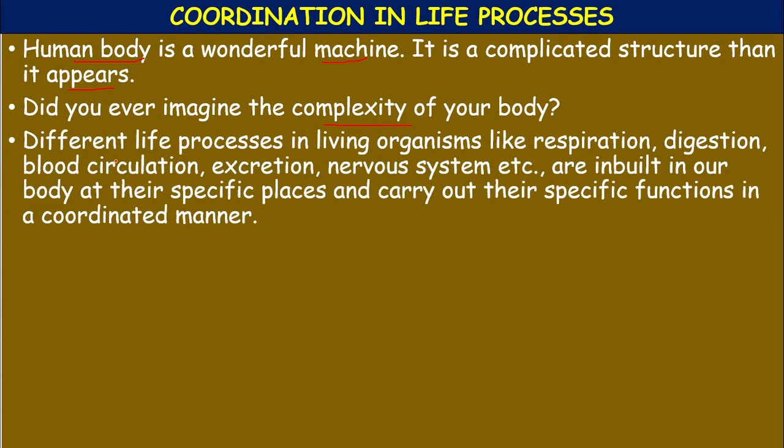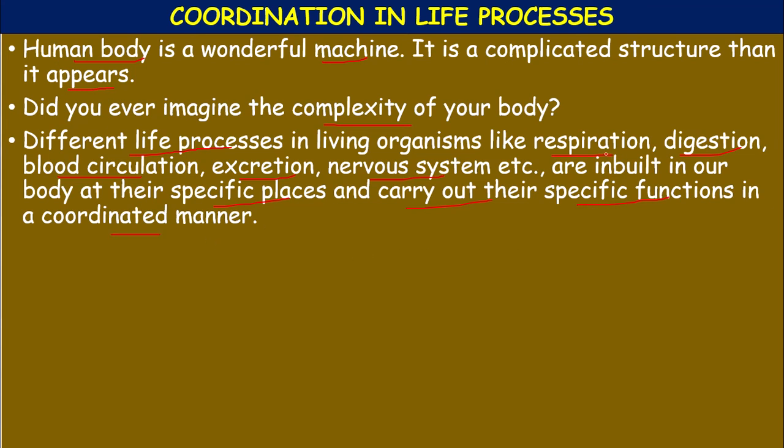Yes, different life processes in living organisms like respiration, digestion, blood circulation, excretion, nervous system are inbuilt, present inside our body at their specific places, and carry out specific functions in a coordinated manner. Okay?